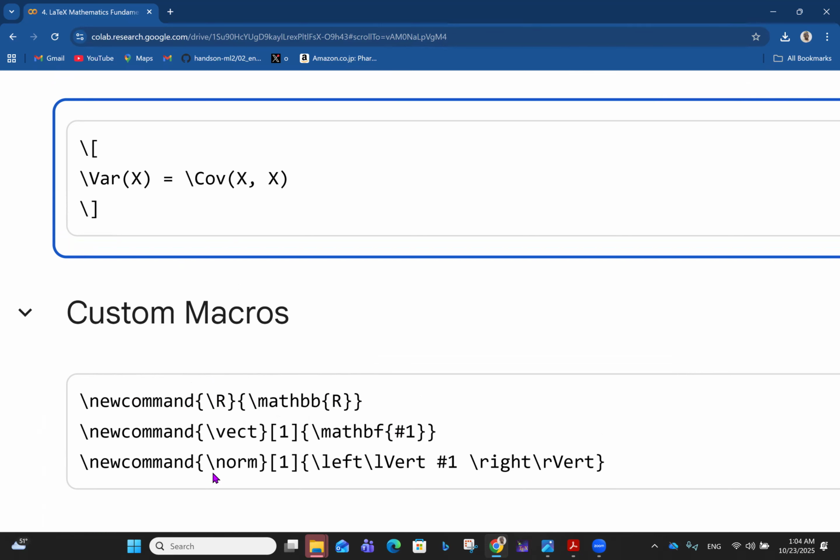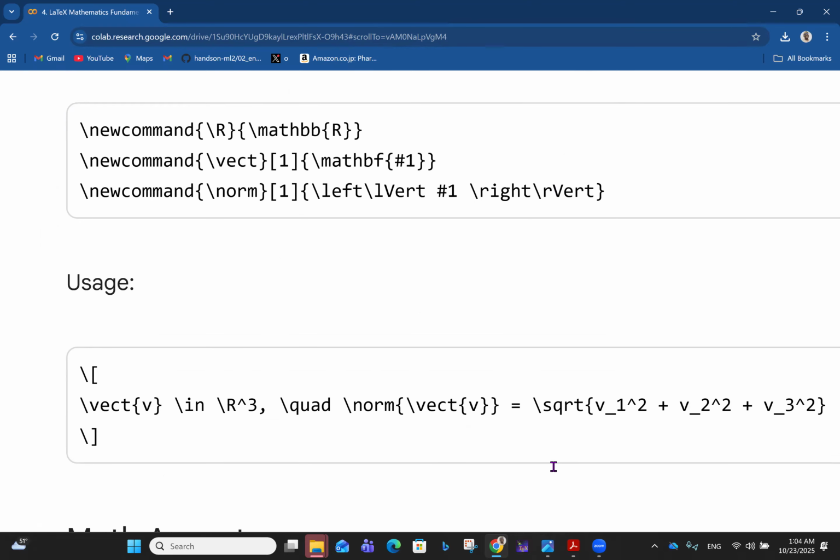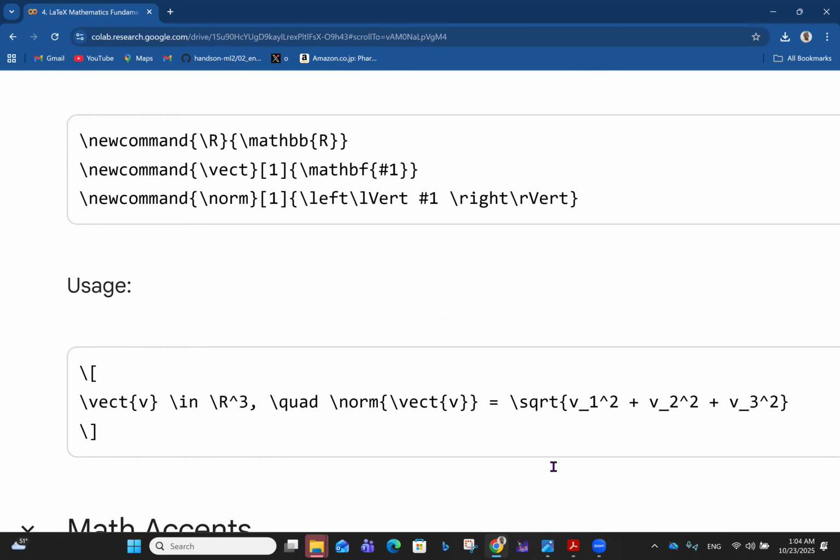So new command, num and all this. You can declare them, and the usage will be something like what you have here, when you have a vector v in R cubed and all these things. Based on what you have declared before, all of this can work for you. Okay.